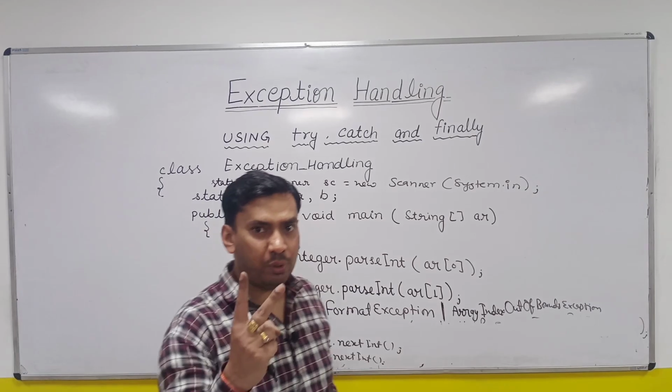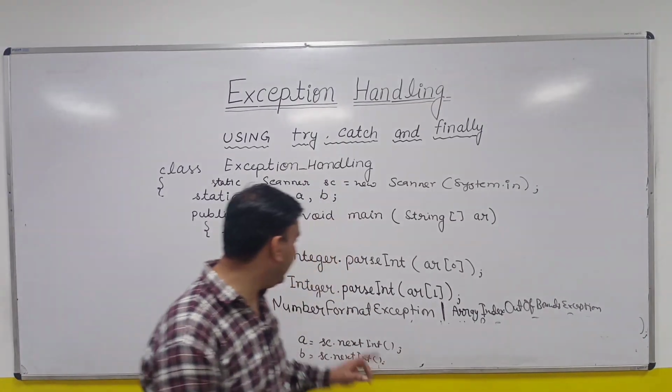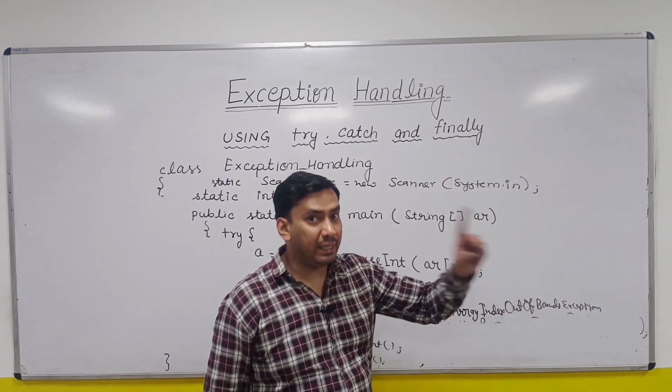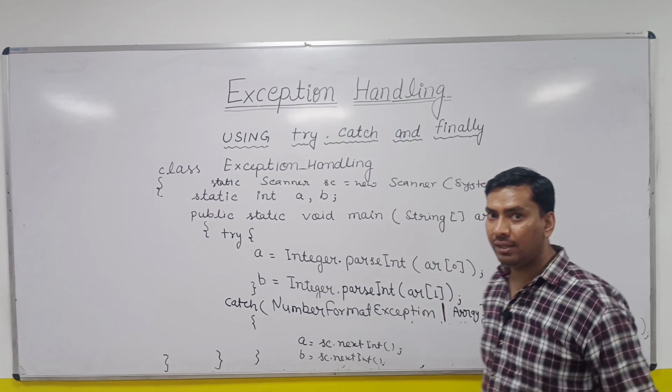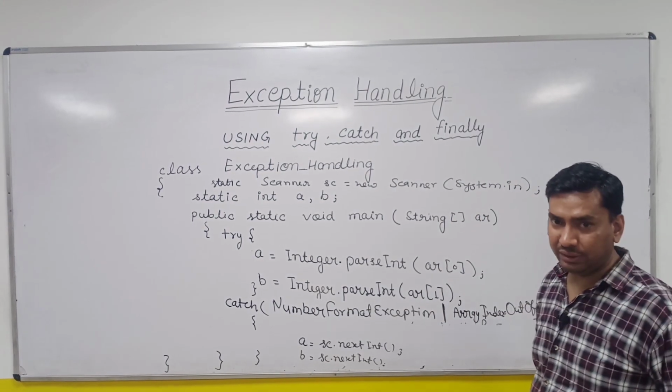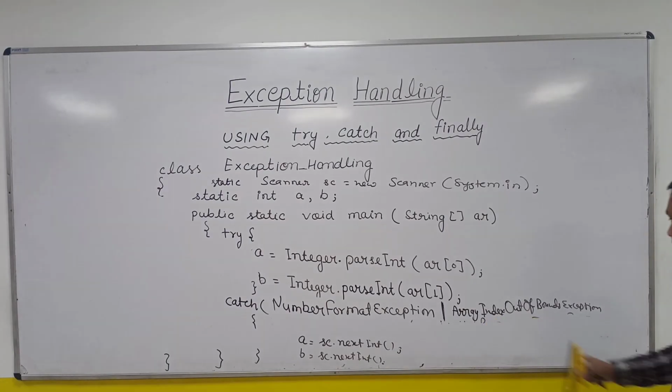So there are two important points related to the multi-catch. First one is there is a single reference variable and that reference variable cannot be reassigned any value, meaning it is final in nature. So I will write here ArrayIndexOutOfBoundsException, let's say ex.